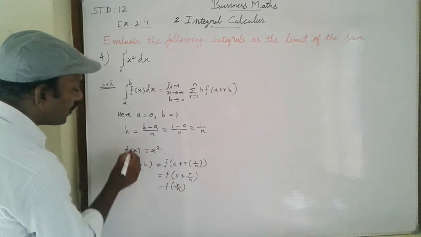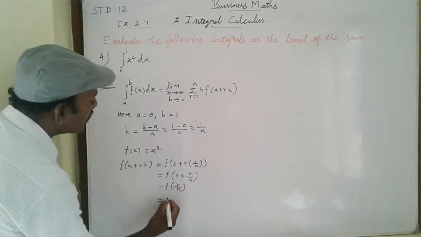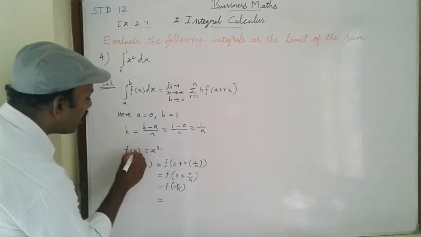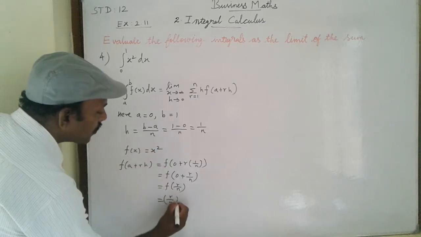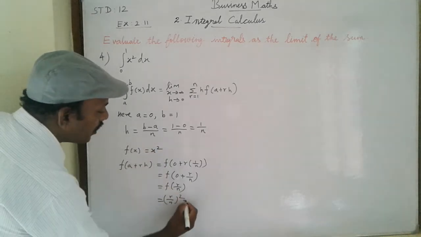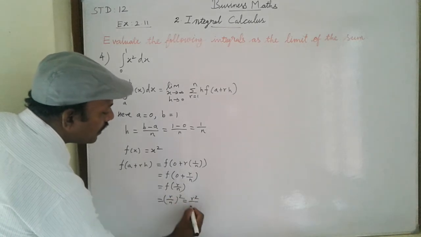We know that f of x is equal to x square. So f of r by n: x is r by n, so r by n whole square equals r square divided by n square.